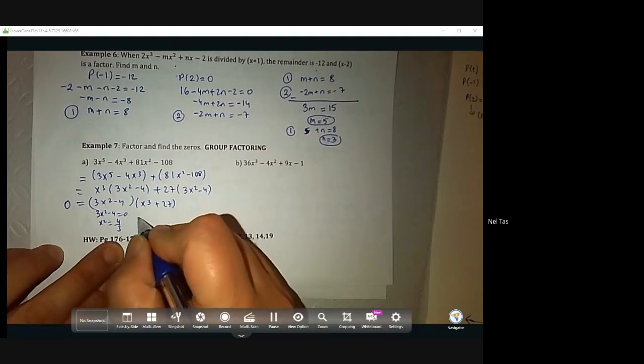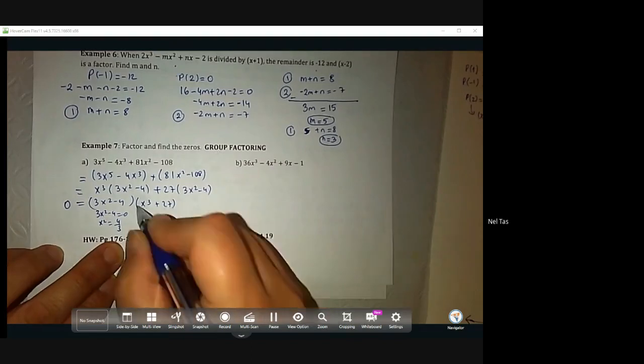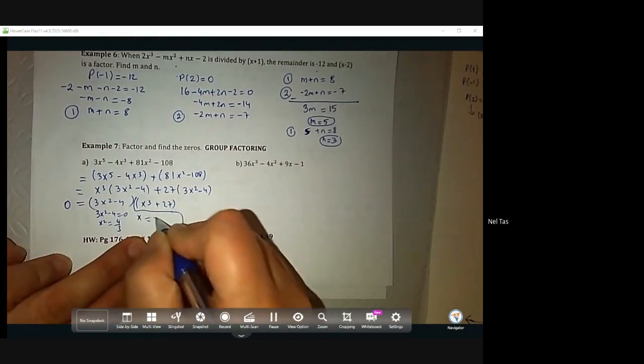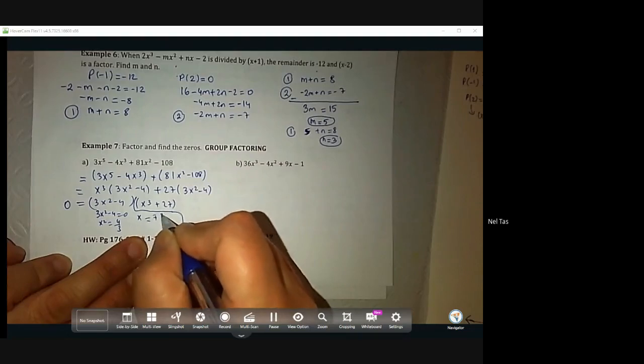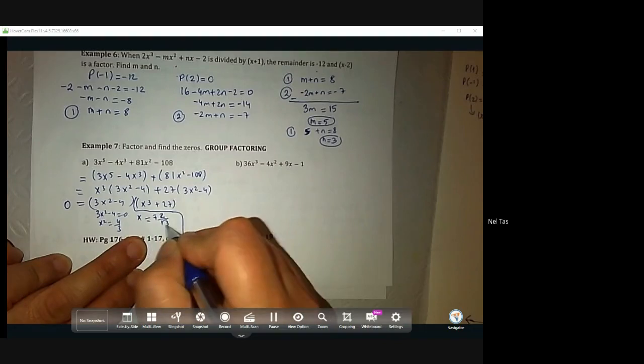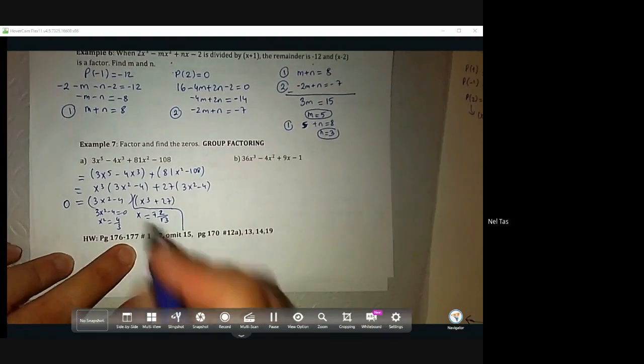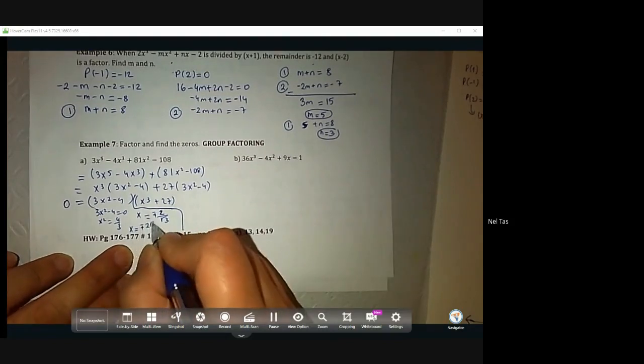Don't forget to take plus and minus. So x equals plus and minus the square root of 4 over 3, which is 2 over root 3. And we always rationalize the denominator. Don't forget that. So x equals plus and minus 2 root 3 over 3.